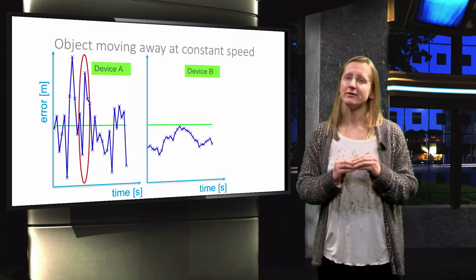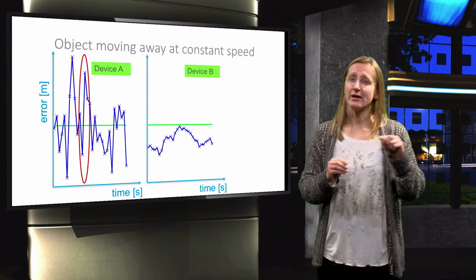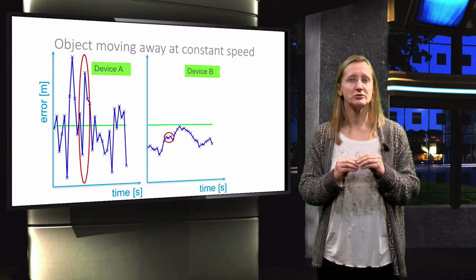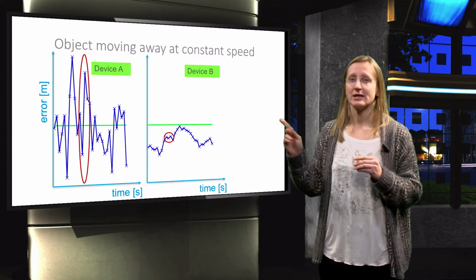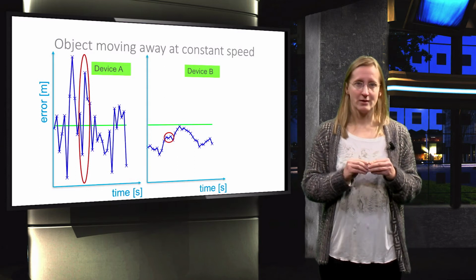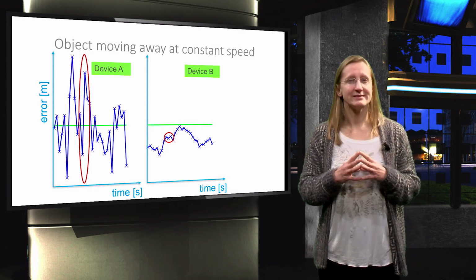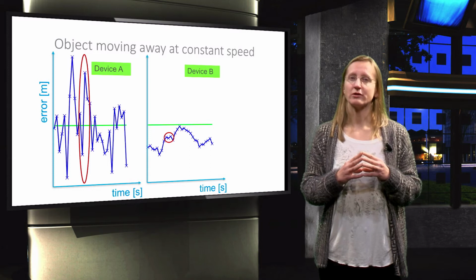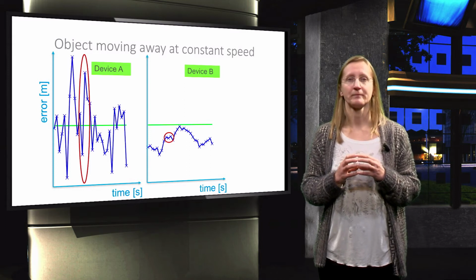With device B, on the other hand, subsequent errors tend to be very close to each other, which is emphasized by connecting the errors with the blue lines here. The reason is that these observations are strongly correlated in time.